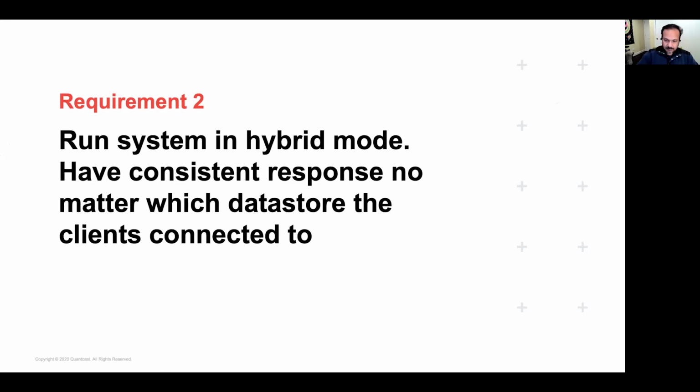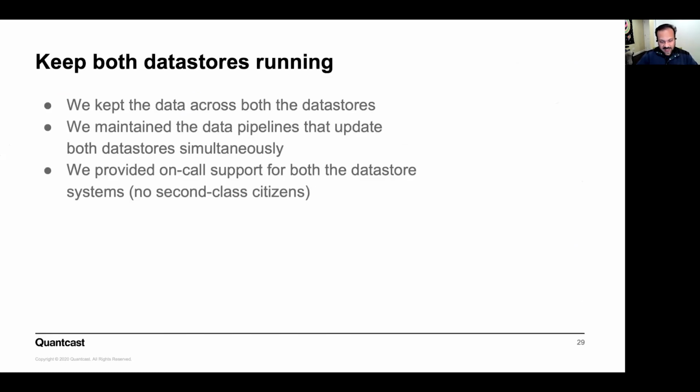For that, we kept the data across two data stores consistent. We had to maintain two data pipelines to update both the Keebler and the Aerospike system, and we had to provide on-call support for both the data stores while it was in this hybrid state.